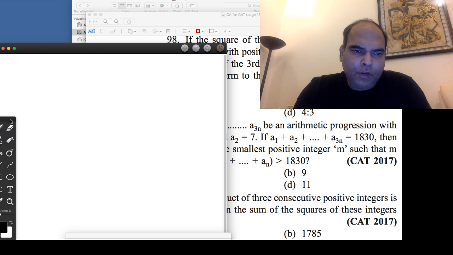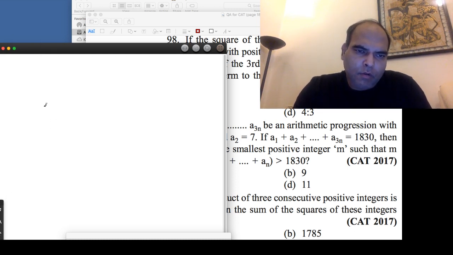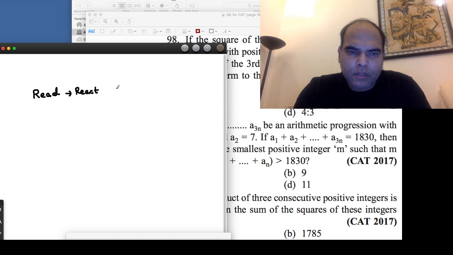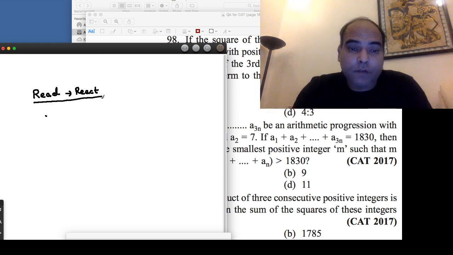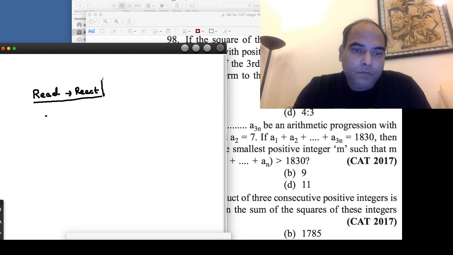The first thing that you need to take care of when you're solving the paper is to make sure that you have a structured read and react framework which you operate through the exam.